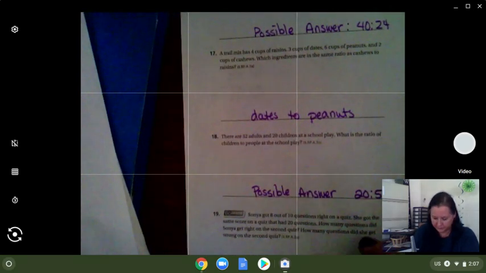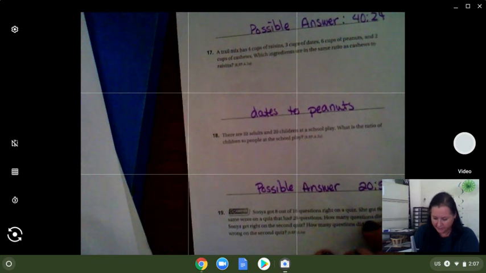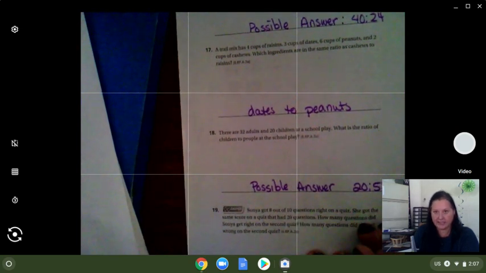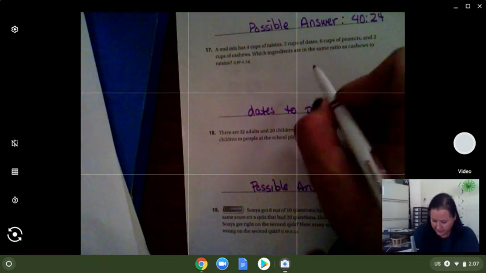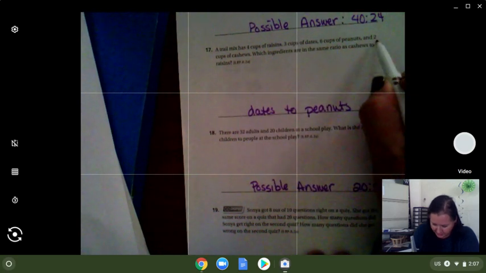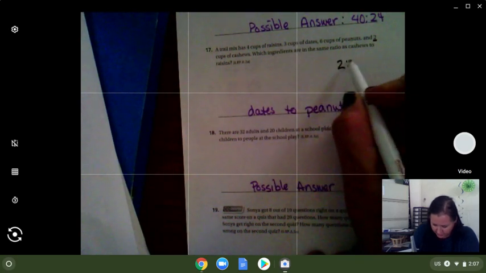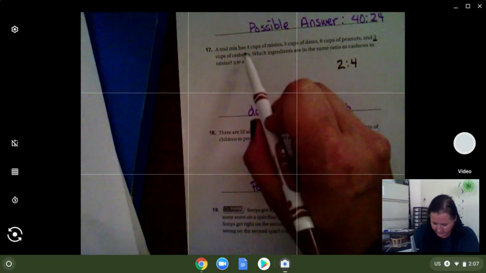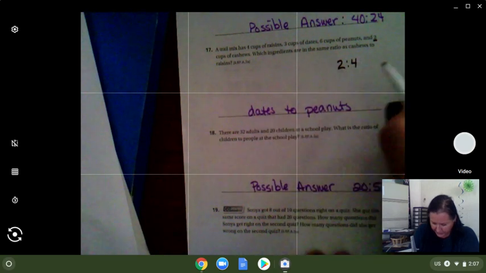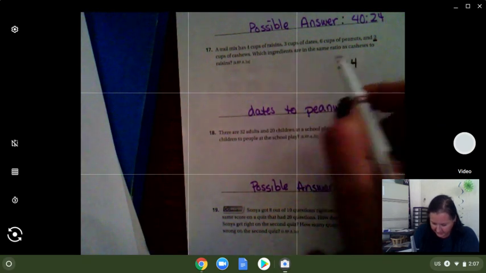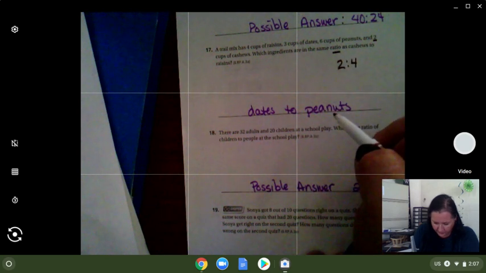Both would work. A trail mix has 4 cups of raisins, 3 cups of dates, 6 cups of peanuts, and 2 cups of cashews. Which ingredients are the same ratio as cashews to raisins? So our cashews to raisins is what we should look at first, would be 2 to 4. And so it's asking us for a ratio that is equivalent to that.